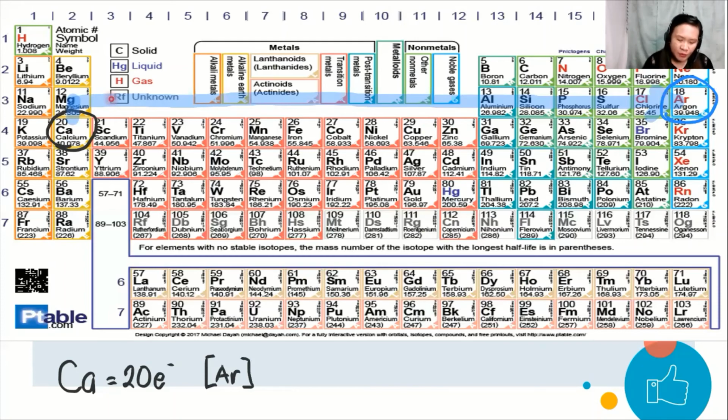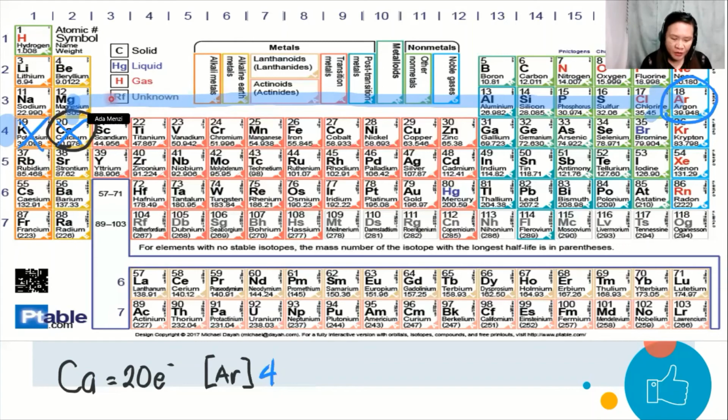So again, we will be going back to our energy level. Take note, this is our energy level where calcium is found. So we write 4. After that, we count how many electrons for calcium until we reach calcium. So that will be 1 and 2.